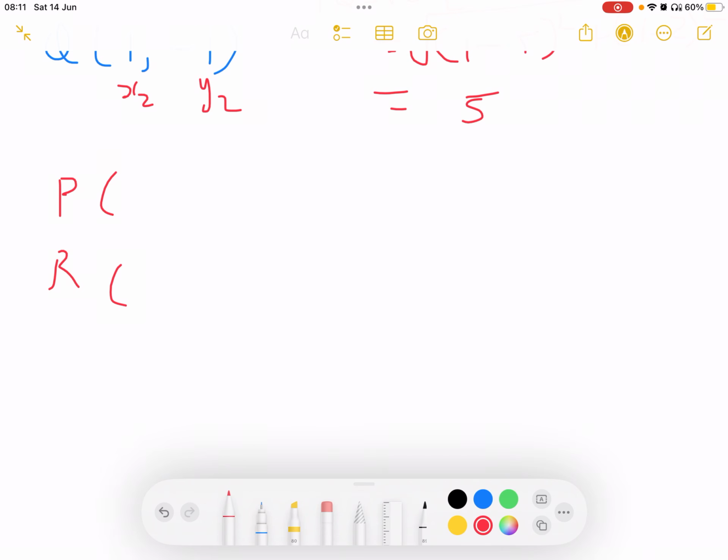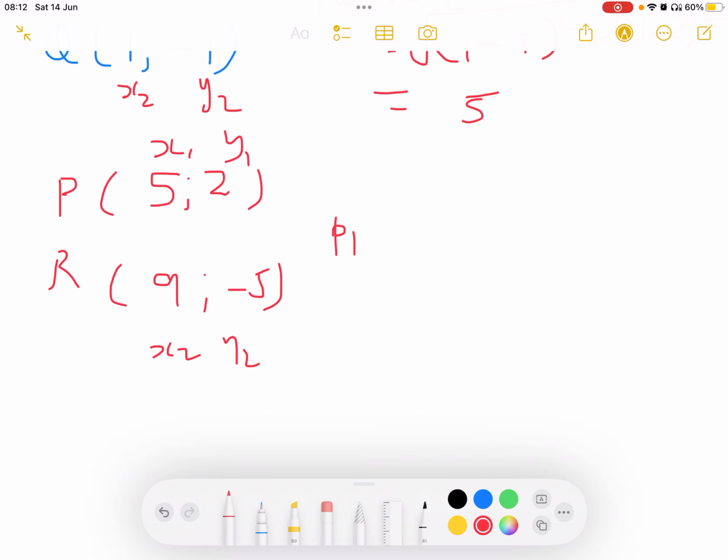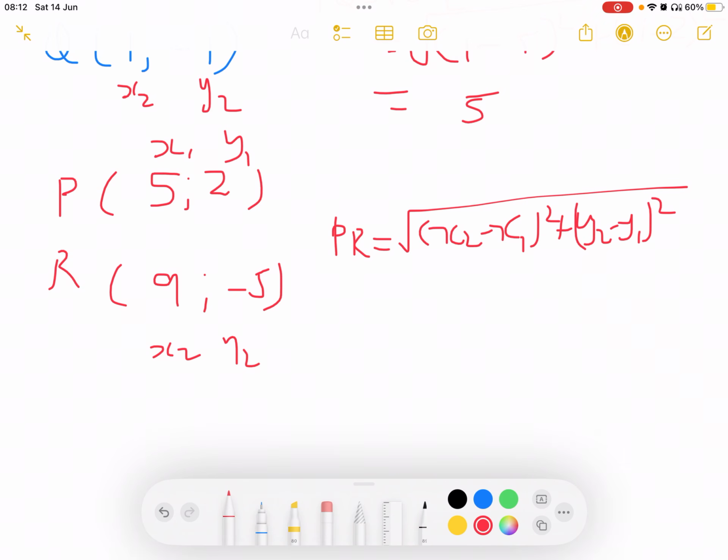Now point P is (5, 2). R is (9, -5). Label them x1, y1, x2, y2. Calculate the length of PR to be x2 minus x1 squared plus y2 minus y1 squared.